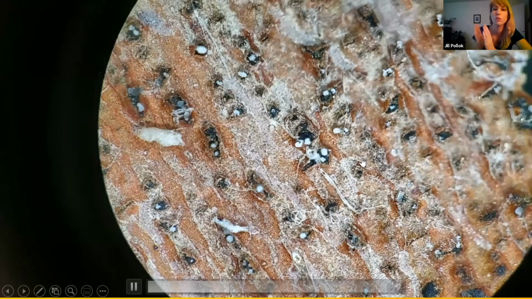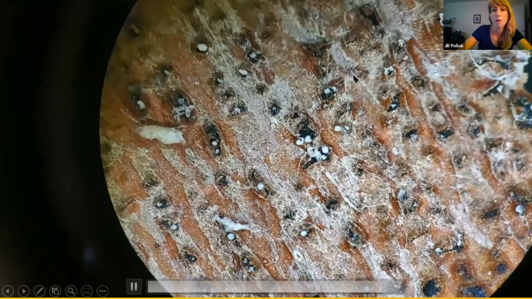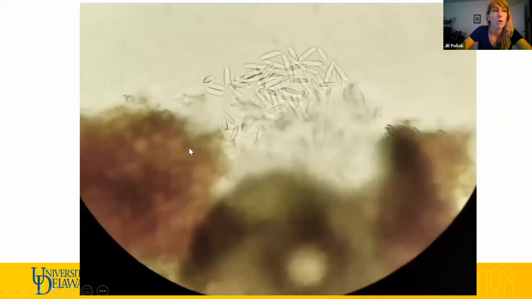So once I put that drop of water on, the spores just kept coming out. And then this is a picture of them under the compound microscope. So the fruiting bodies combined with the spores and the symptoms on the plant, I was able to identify them as Botryosphaeria. So all of those things together.